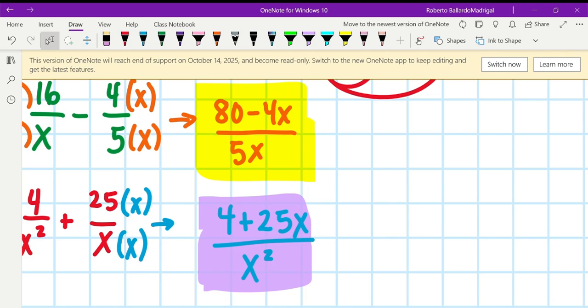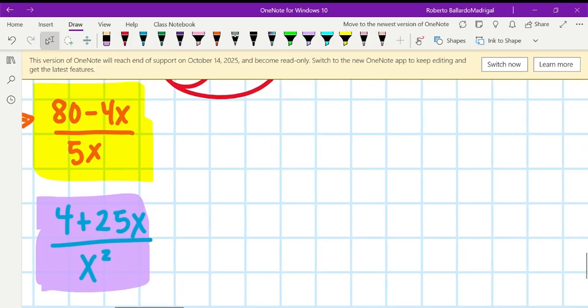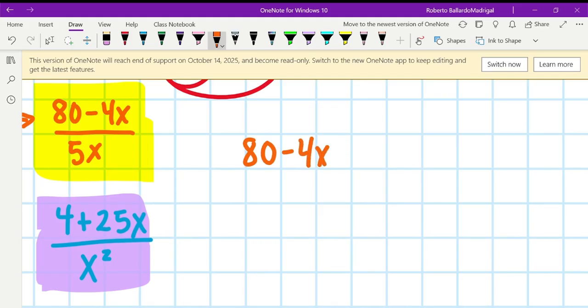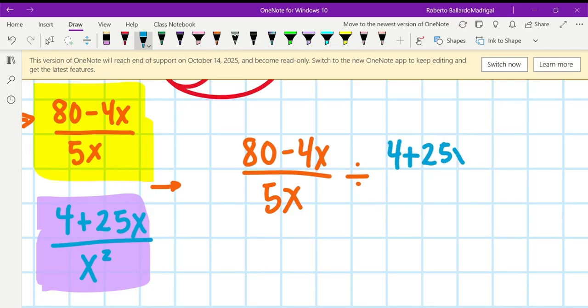Now remember, it's the numerator being divided by the denominator. So we're going to rewrite this now. The numerator, which is 80 minus 4x over 5x, divided by the second fraction, which is 4 plus 25x over x squared.